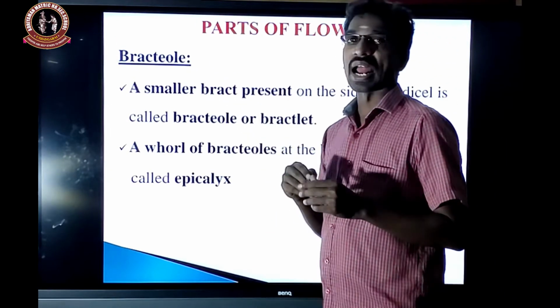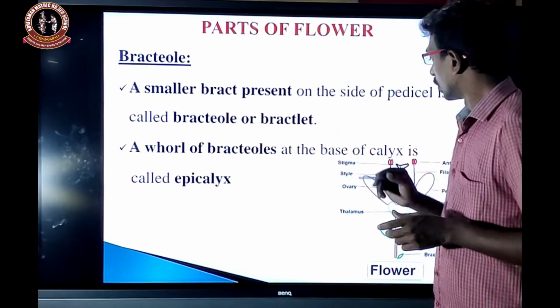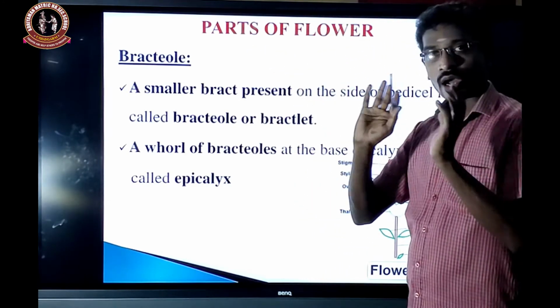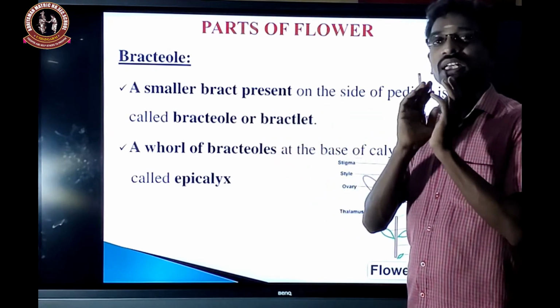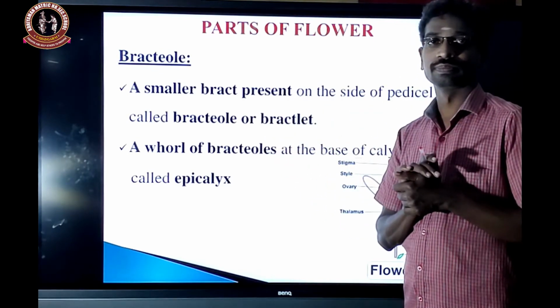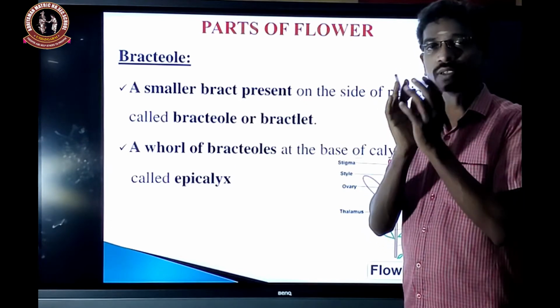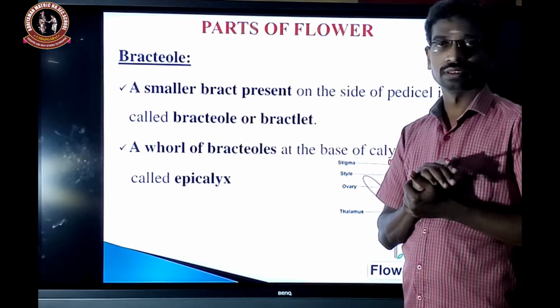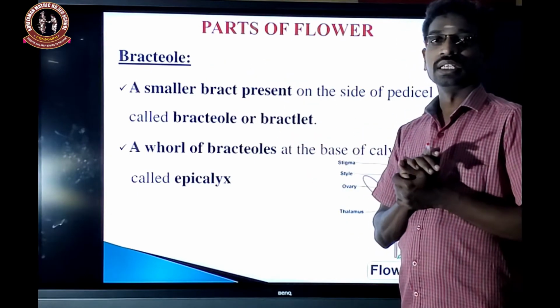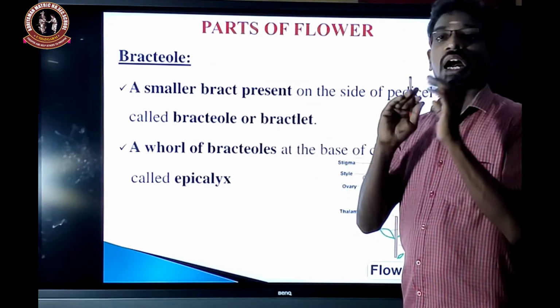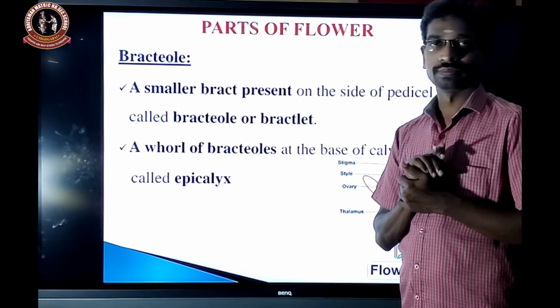And the second one, bracteole. It is not common for all groups of plants. It is present only in certain families, certain groups of plants. The bracteole is present outer to the calyx.